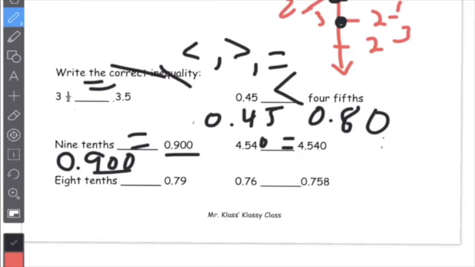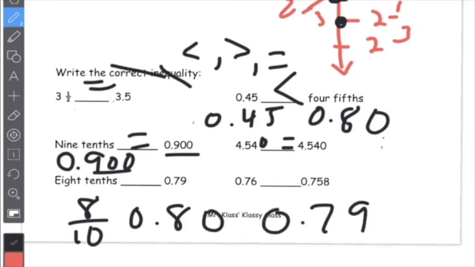We have 8/10, which as a decimal is 0.8, and I'm going to add a 0 there. So it's 80 versus 79, and 80 is bigger. Last one, I'm going to add a 0. It's 760 versus 758. 760 is bigger, so that is greater than.